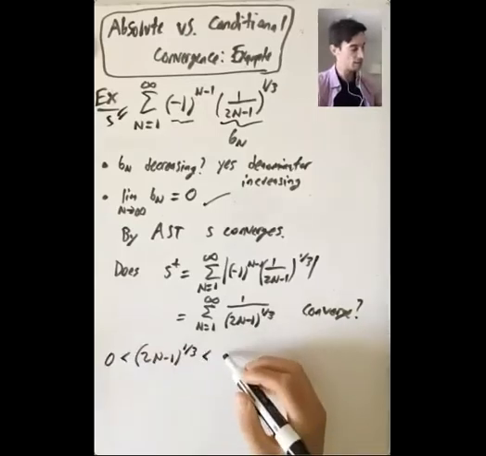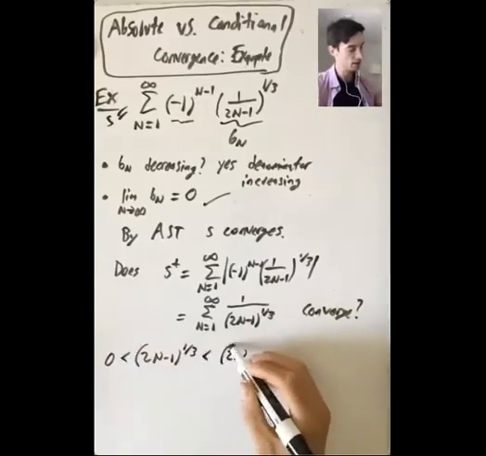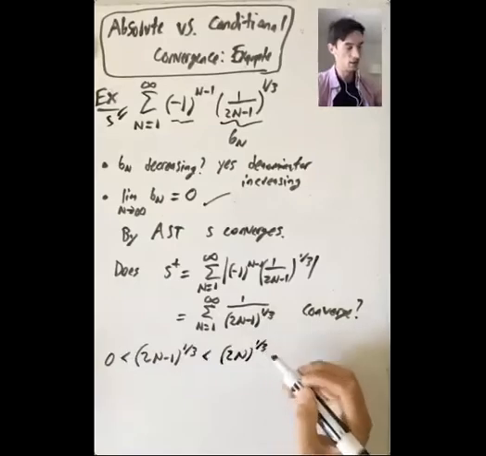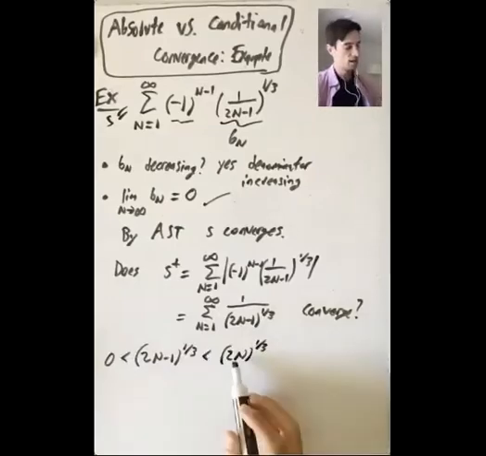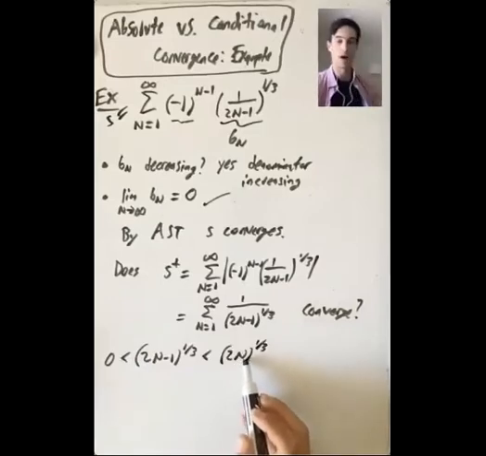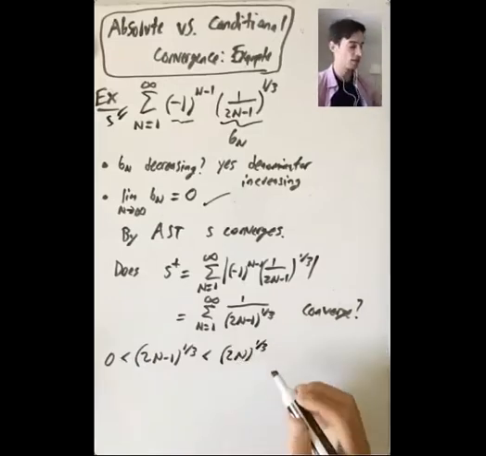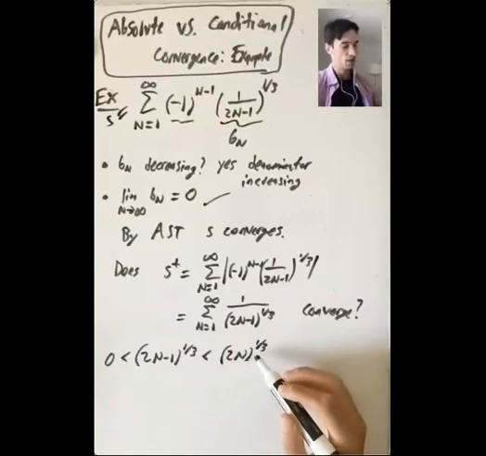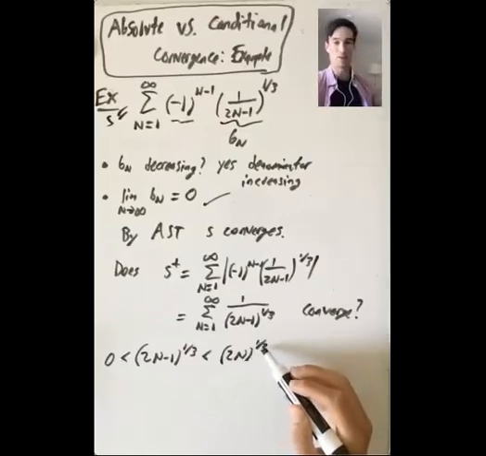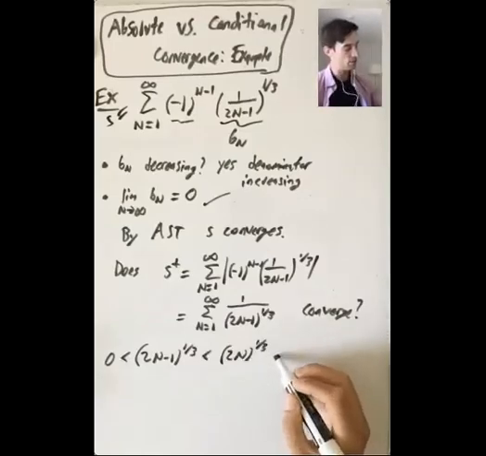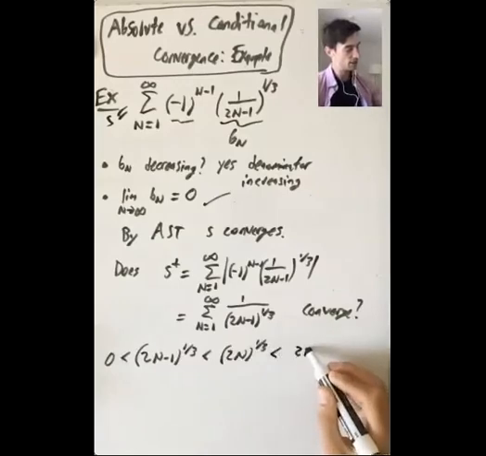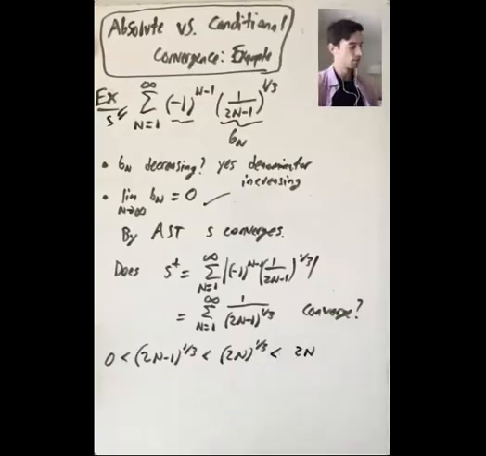This is less than (2n)^(1/3), something a little simpler. And the smallest this is going to be is when n equals 1. This clearly is going up as n goes up. So we have a bunch of numbers that we're taking the cube roots of. If we cube them, they just get bigger. So this is less than 2n.